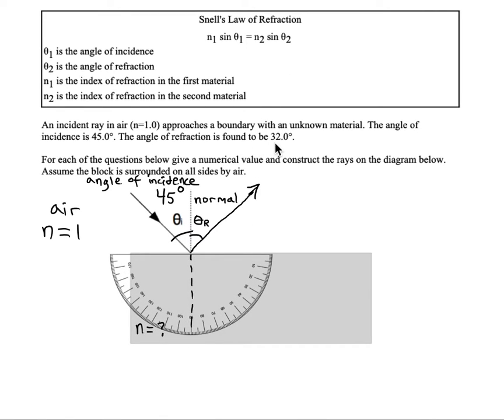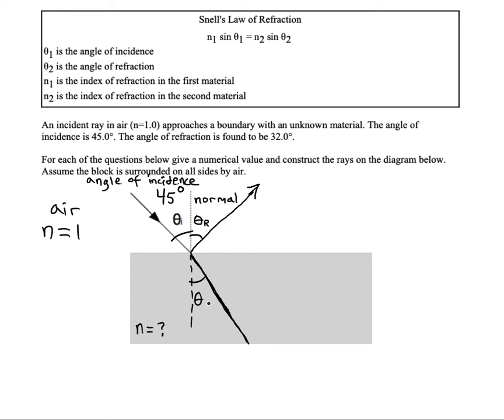Okay, now we want to find 32 degrees. We'll have to subtract to do that. And it looks like 32 would be just about there. Okay, so this angle is theta 2, which is 32 degrees.